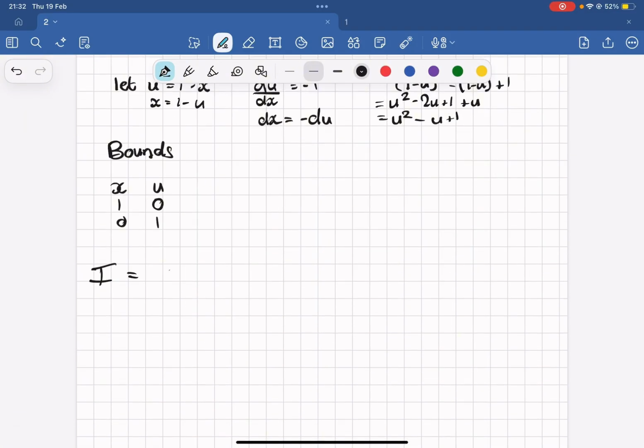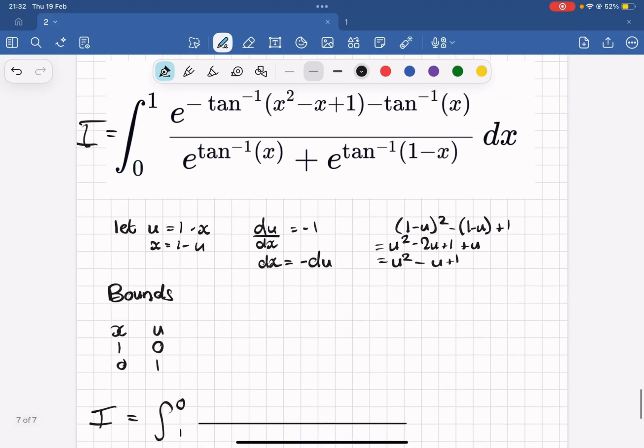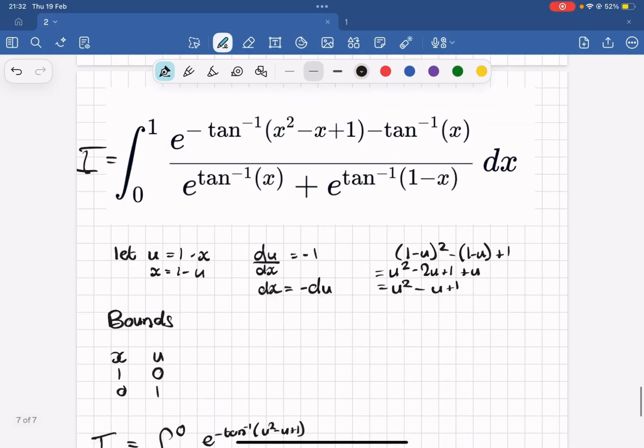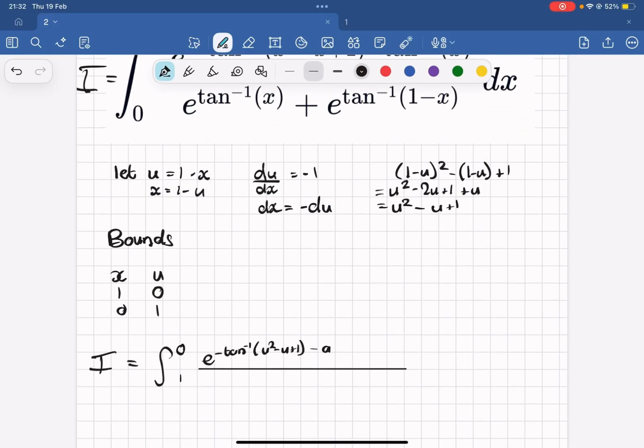So let's call this integral I equals the integral from 0 to 1 of e to the minus arctan of u squared minus u plus 1, minus arctan of 1 minus u.